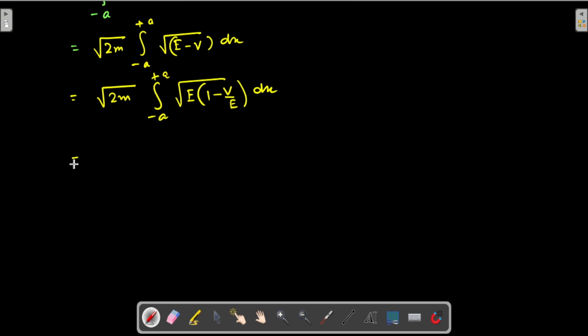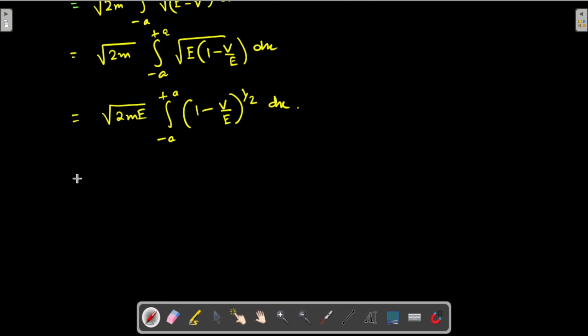After that we can take E outside of the integration, and it becomes the integral from minus a to plus a of (1 minus V by E) to the power half dx.